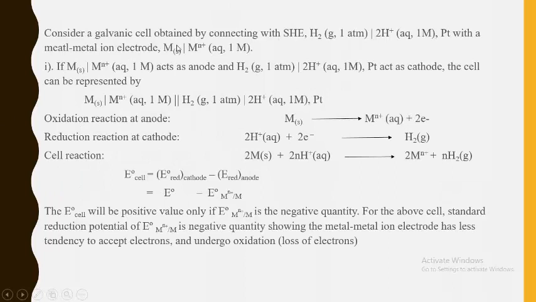This is the explanation of what we have seen in the case of the zinc that is connected with the SHE. This metal can be taken as zinc or it can be taken as copper. So here in this case, since the metal is acting as anode, this is zinc.